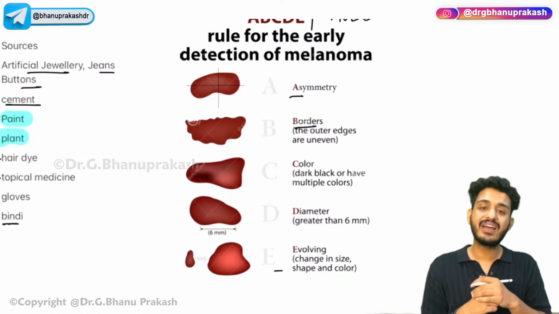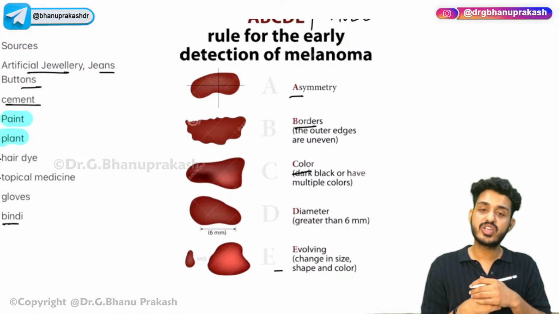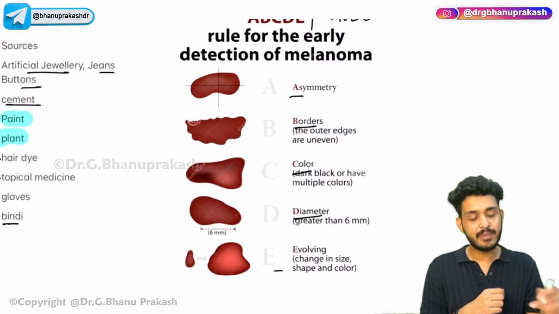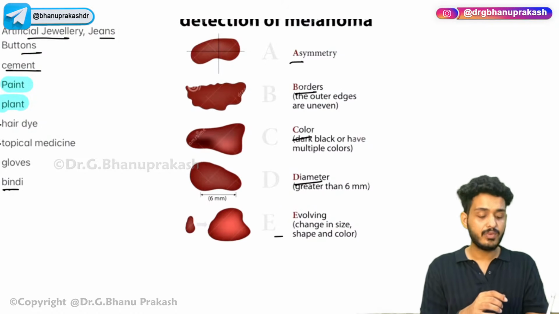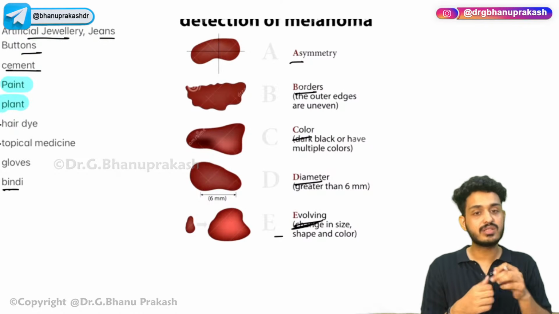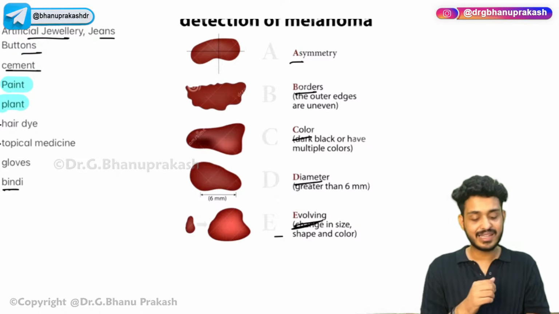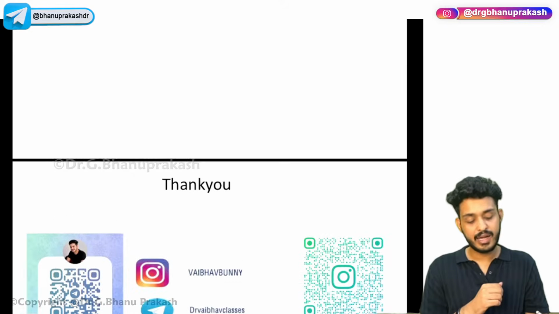B, they will be having borders, that would be irregular borders. C, they can be changing the color. D means diameter, that would be more than 6 millimeters. And lastly E is evolving, that means it can change the size, the shape, the color as well. So it can change anything. That is how we are differentiating a melanoma and a mole.